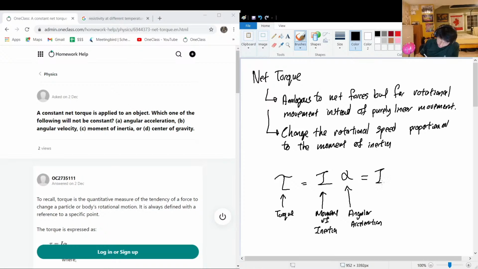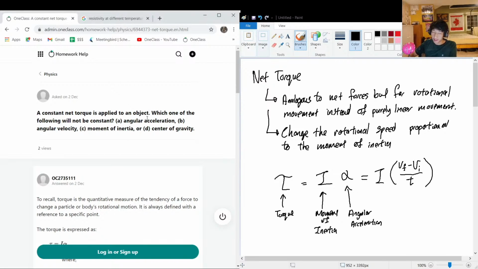Another way that we could write angular acceleration is final velocity minus initial velocity over the time over which those velocities are non-constant.